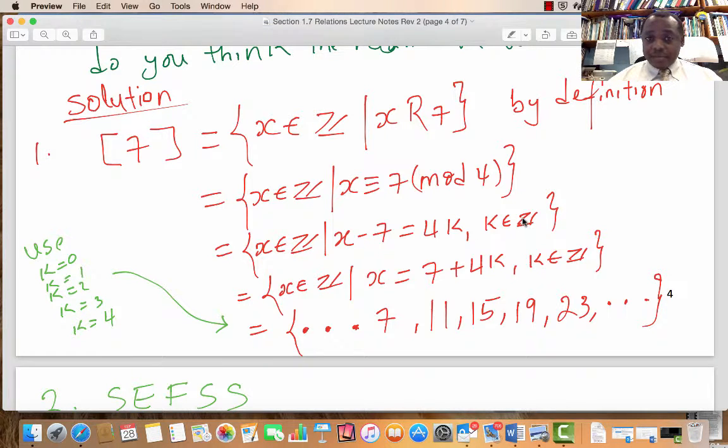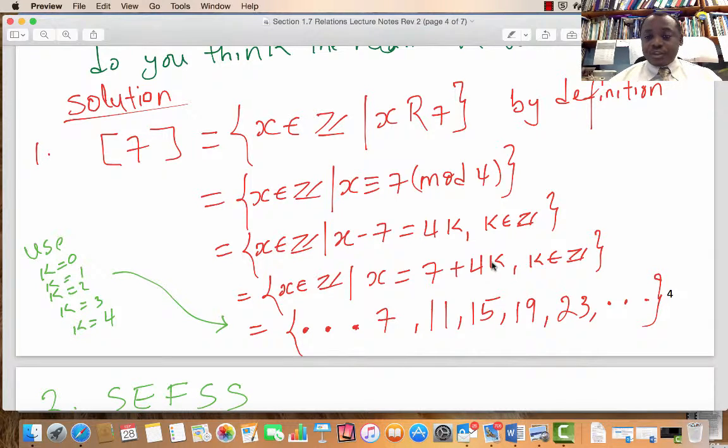Do not forget, I am looking for all x in Z that are related to 7. So I solve for x. This will be the set of all elements x in Z such that x equals 7 plus 4k, where k is an integer.